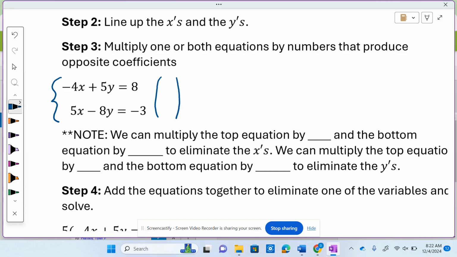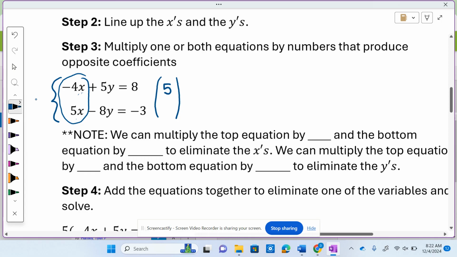I want to get opposite, same number but opposites. -1 won't work. What's a number that 4 and 5 both go into? 20. 4 times 5. And you see that this is already a negative and this is a positive.